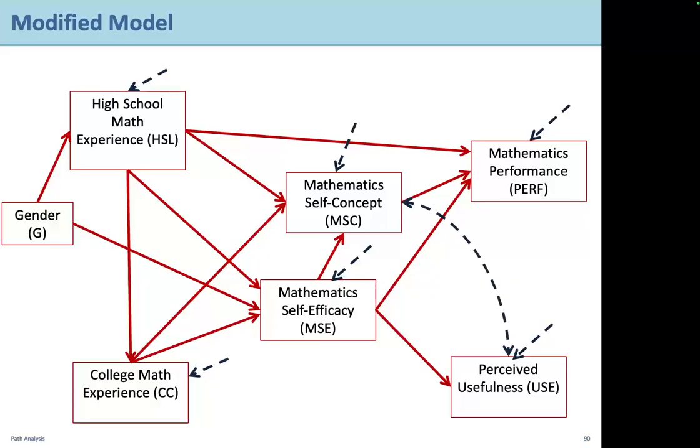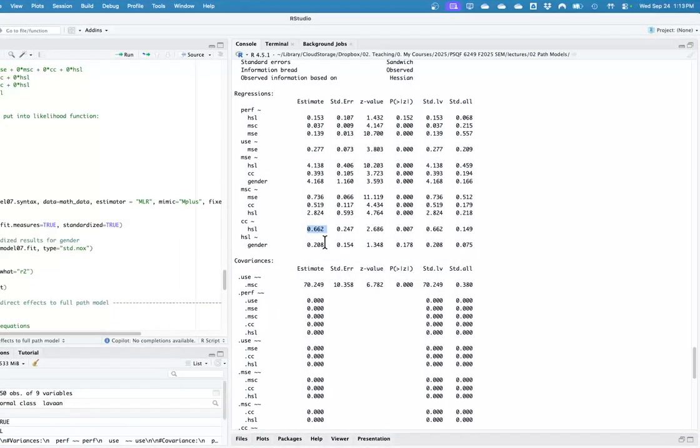So for a 1 unit increase in high school, we got a 0.662 increase in college. This number says for every 1 unit of college, we get an increase in math self-efficacy of 0.393. But we don't have 1 unit that we increased. We only have 0.662, which is why it multiplies this number to give us that indirect effect. Does that answer your question?